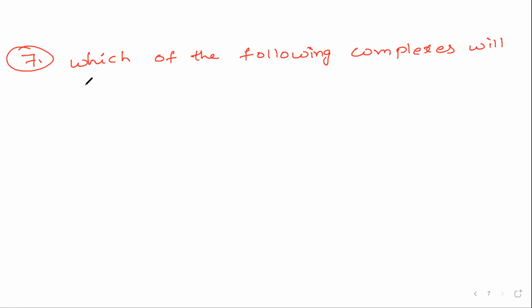Which of the following complexes will exhibit minimum paramagnetic behavior?